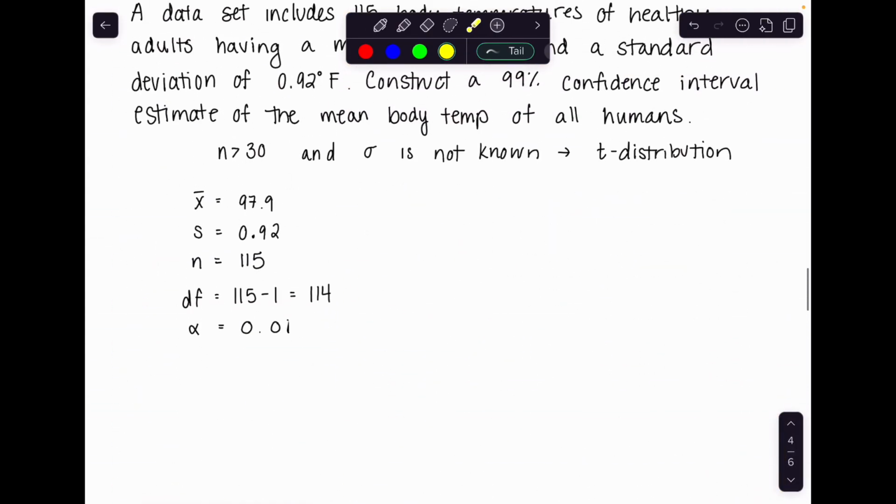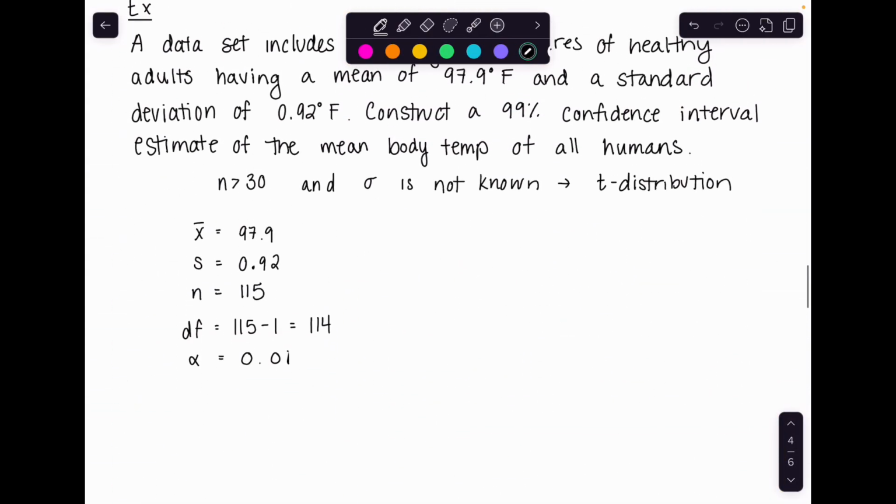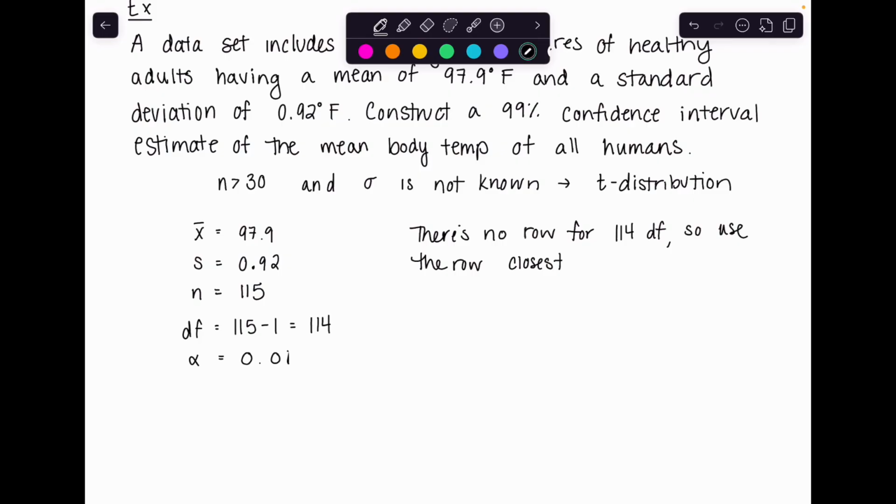So in this case, there is no row for 114 degrees of freedom. So use the row closest, or again, typically the one that's under. So in this case, I'm going to use the information for 100 degrees of freedom.